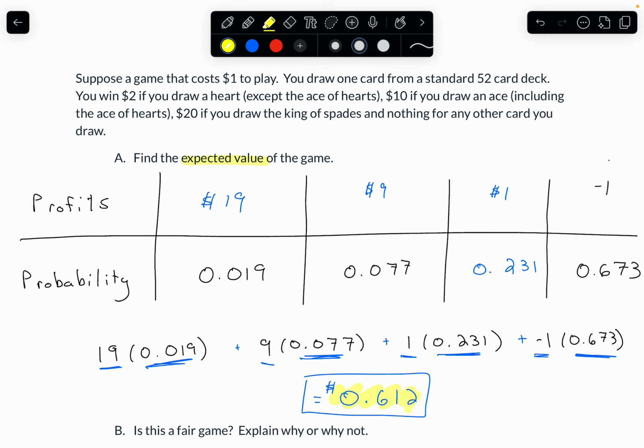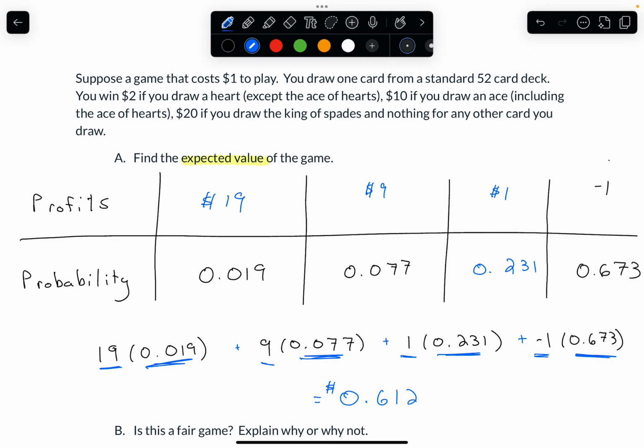What this represents is if you took the amount that you either won or lost every single time and averaged those together, this is the amount that you would end up with. You would end up with 61.2 cents right here. The notation that we use for expected value, there's a couple different ones, just so that we can talk about that.